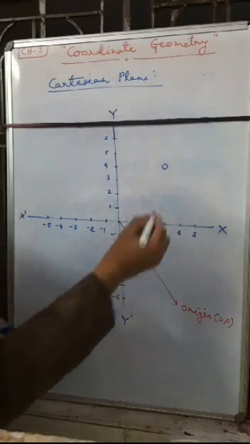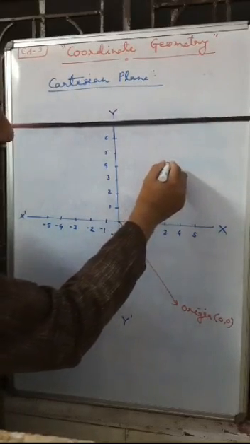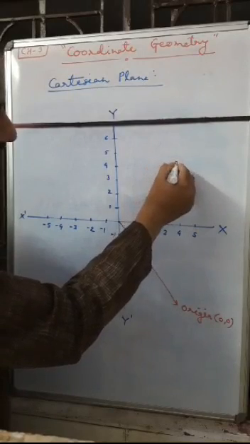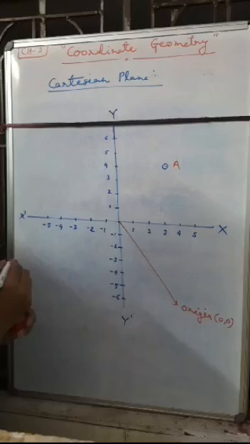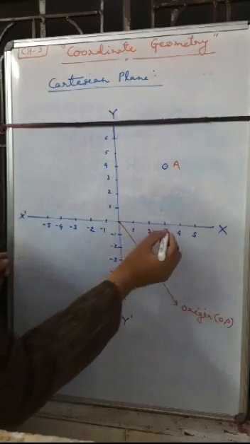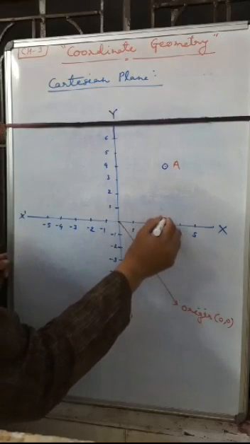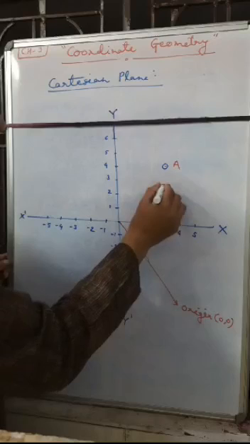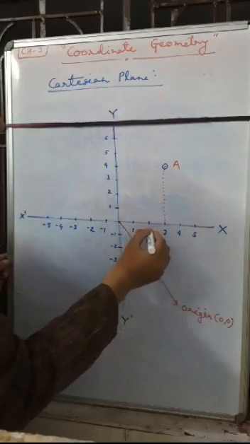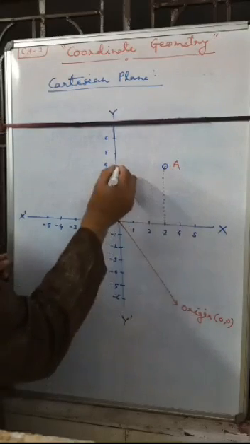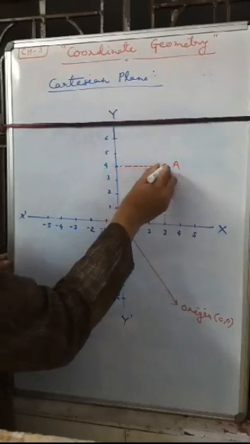So we are looking here at ball A, suppose this is ball A, situated on the Cartesian plane. You are looking at the position of ball A: from the x-axis it is 3, and from the y-axis it is 4.